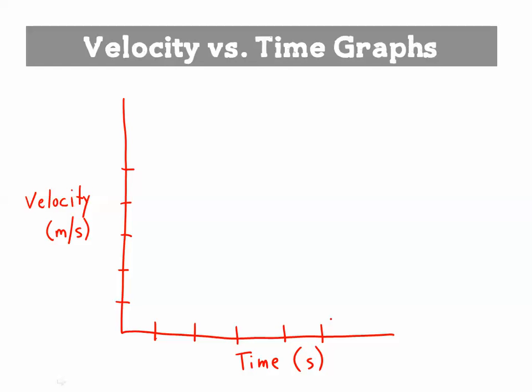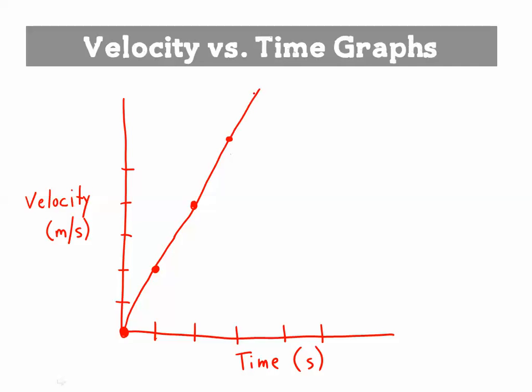So if I start off at rest at 0 seconds, I'll have a dot here. Then let's say after 1 second my velocity reaches 2 meters per second. Then after 2 seconds I'm at 4 meters per second. And at 3 seconds I'm at 6. So on and so forth.